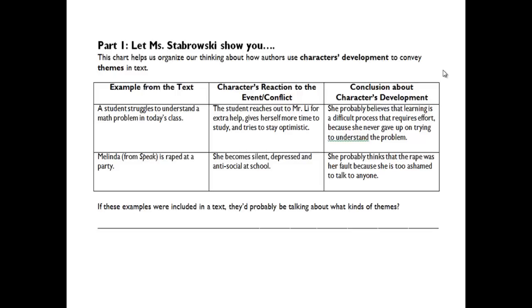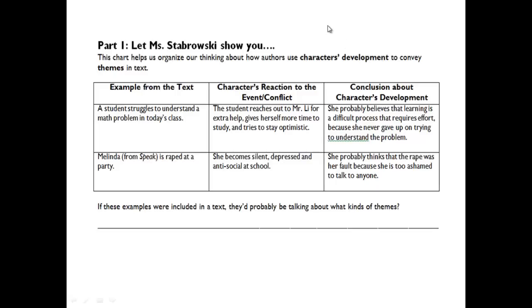The conclusion that we can draw would be, she probably believes that learning is a difficult process that requires effort because she never gave up on trying to understand the problem. Because she struggled and then reached out for help and stayed optimistic, we can conclude that she believes learning is a process that requires effort because she never gave up. Makes sense. Let's look at the next example.